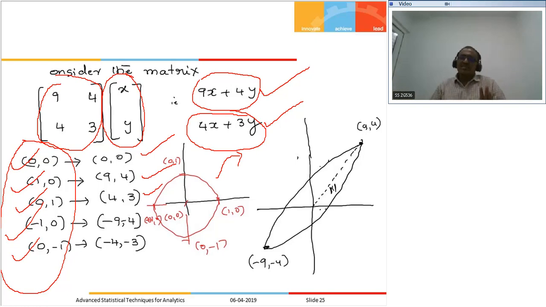Actually, in math, it is a 2 to 3 hours topic we discuss. Now, 4 comma 3 is somewhere here, and minus 4 comma 3, minus 4 comma minus 3 somewhere here.